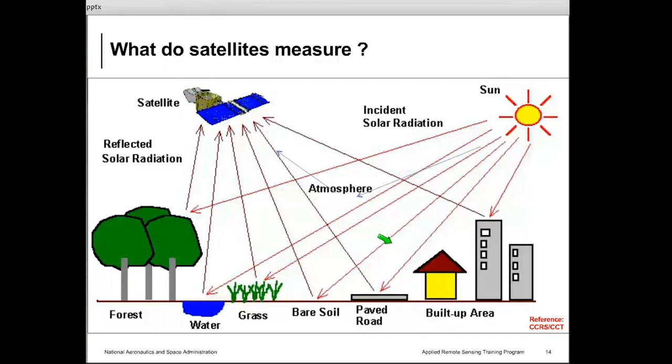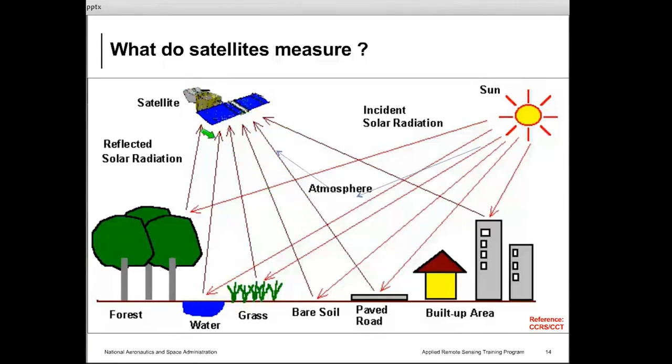Once the incoming solar radiation interacts, depending on its property, which means the wavelength, and depending on the property of these objects, it will either be absorbed by those objects or reflected back to space. The radiation which is reflected back to space is captured by the satellite sitting in space.